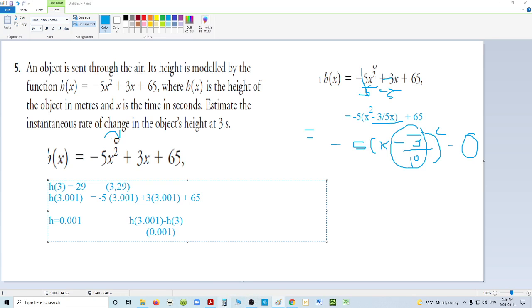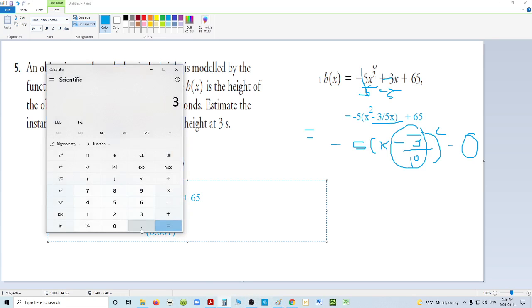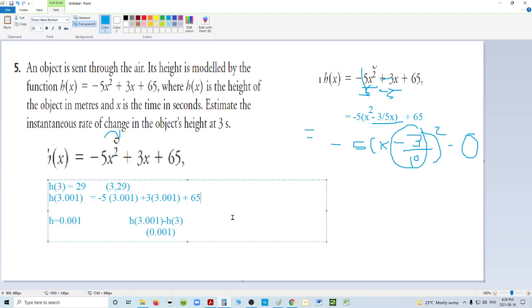So I'm going to do the calculator method. So 3.001 squared times negative 5 is that. So we're going to select all, and we're going to copy it. So it's equal to that plus 9.003 plus 65.